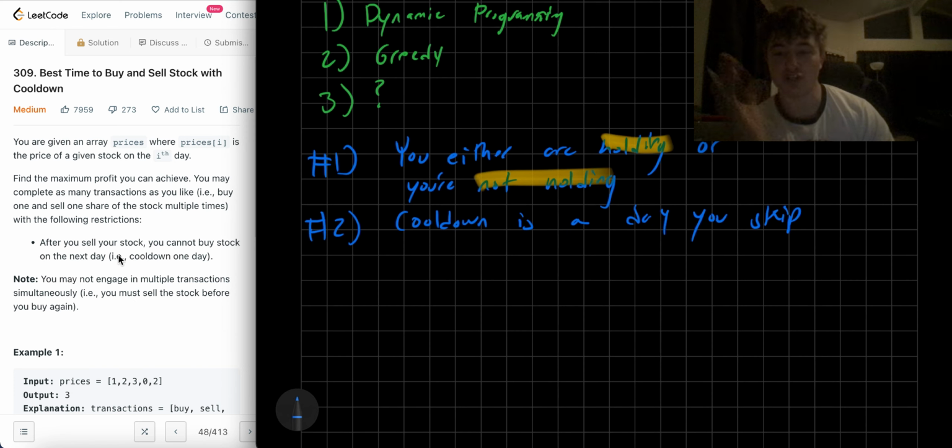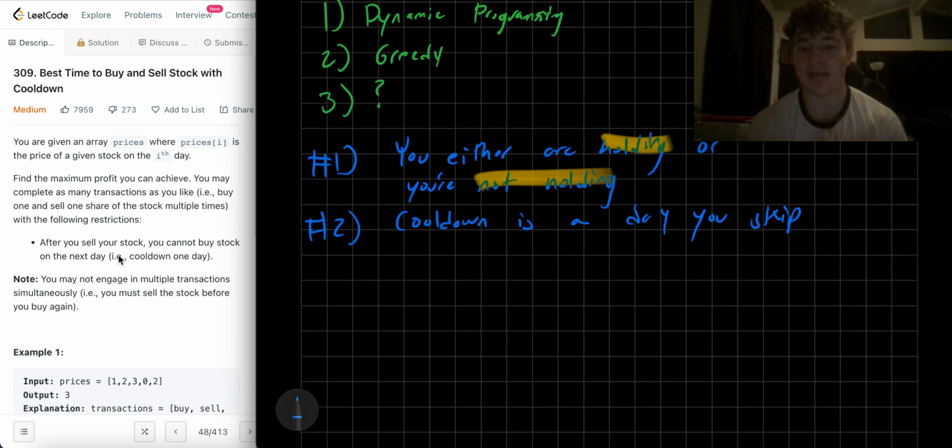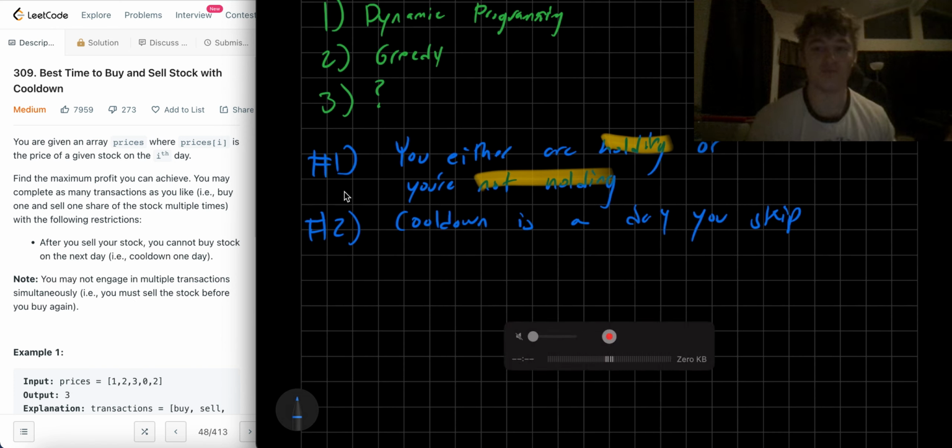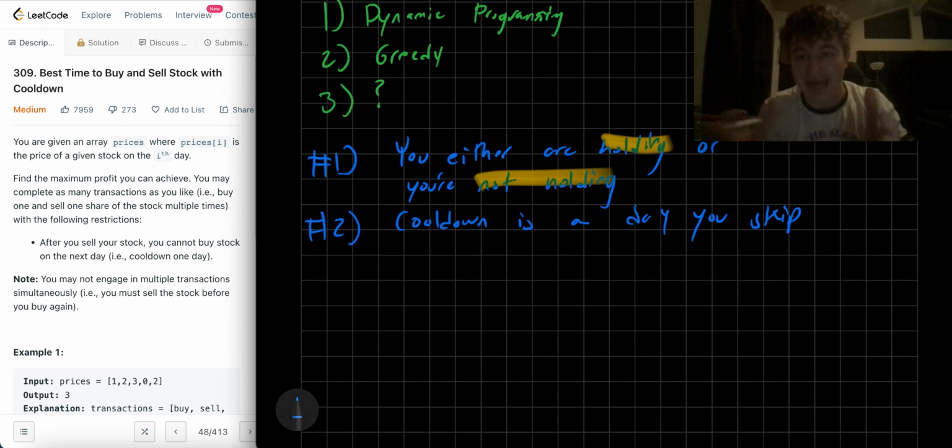So you sell the stock, so you're not holding a stock currently, because you sold it, and you can't buy a stock, so you basically can't do anything. The only thing you can do after you sell a stock is buy a stock, right? So if you can't buy because it's a cooldown, you basically skip that day. There's nothing you can do. The only operation you could do that day is buy, and you can't buy, so you're essentially skipping that day. So cooldown is a day you skip, right?